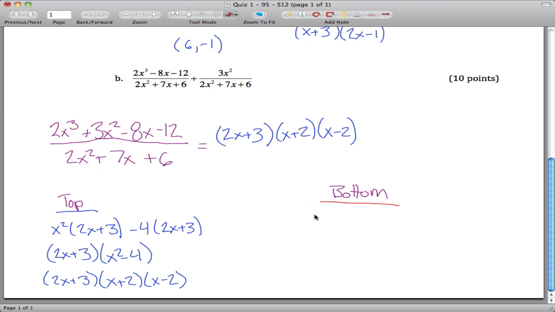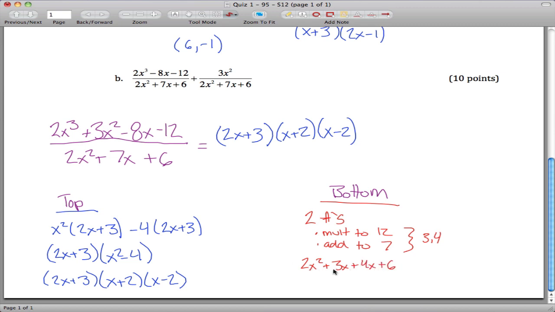So we need two numbers that multiply to 12 and add to 7. In this case, it's 3 and 4. So then we can replace 7x with 3x plus 4x. So 2x squared plus 3x plus 4x plus 6.